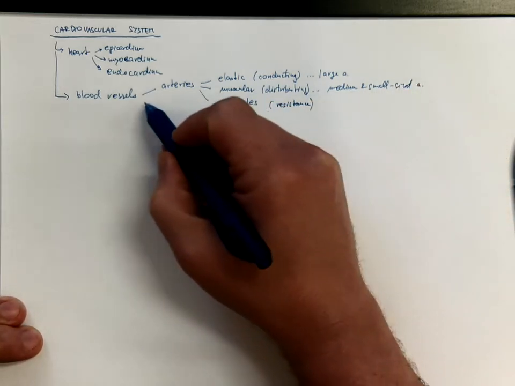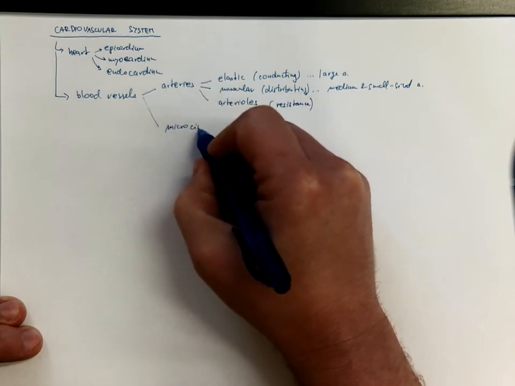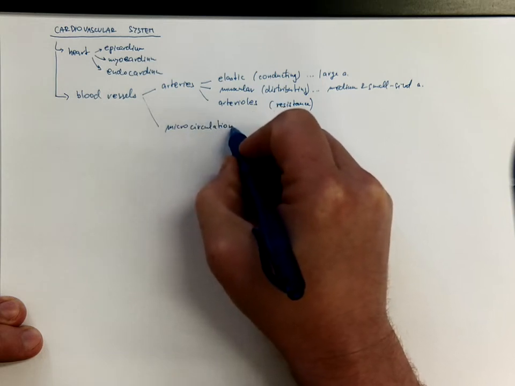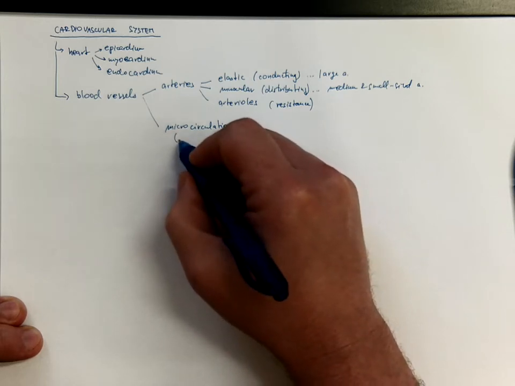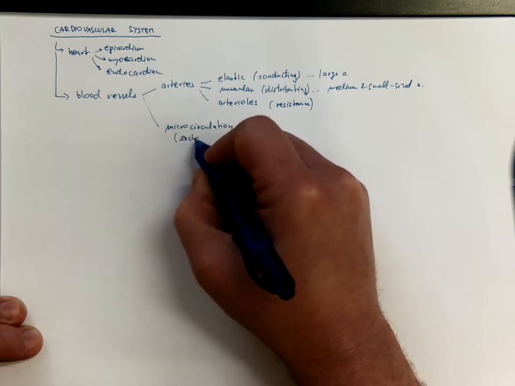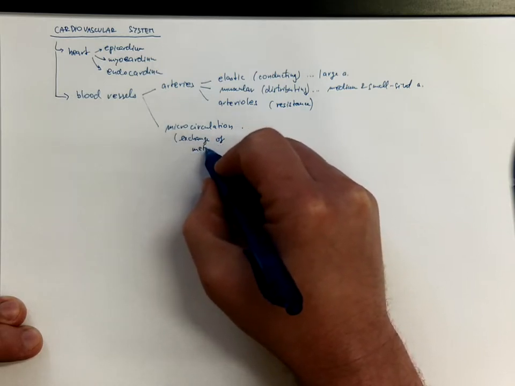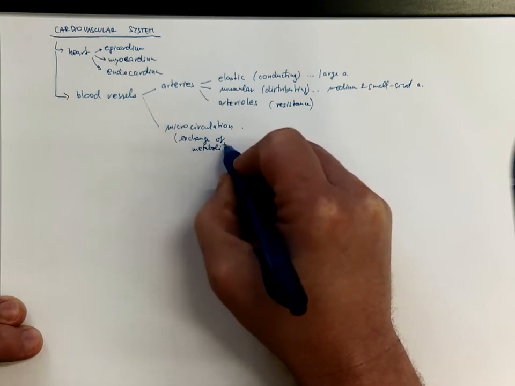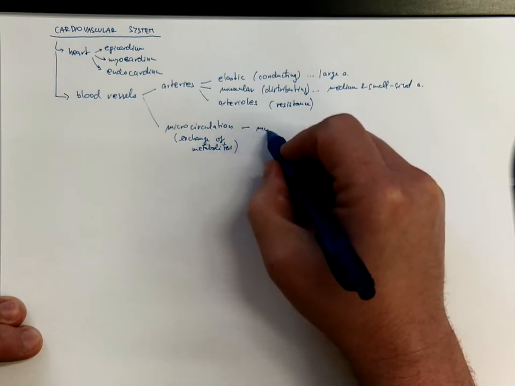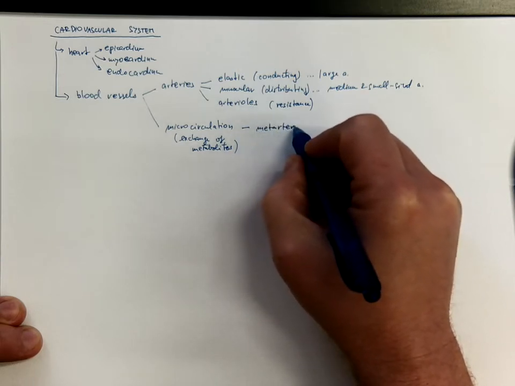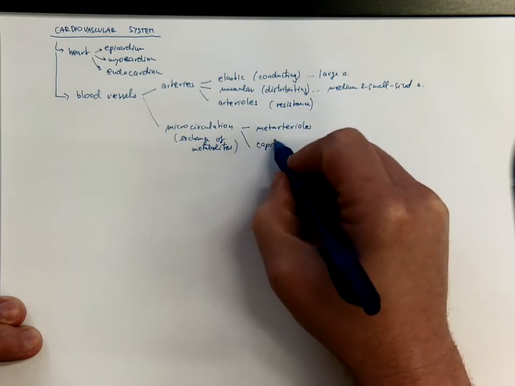From arterioles we already approach microcirculation, that's part of the circulation where already the exchange of metabolites occurs. That includes branches of arterioles called metarterioles. Then we go into capillaries, capillary network.